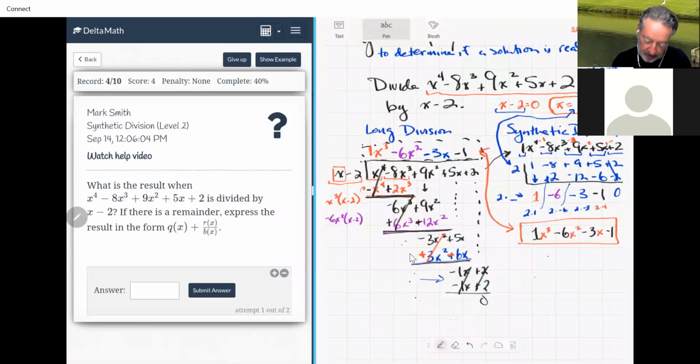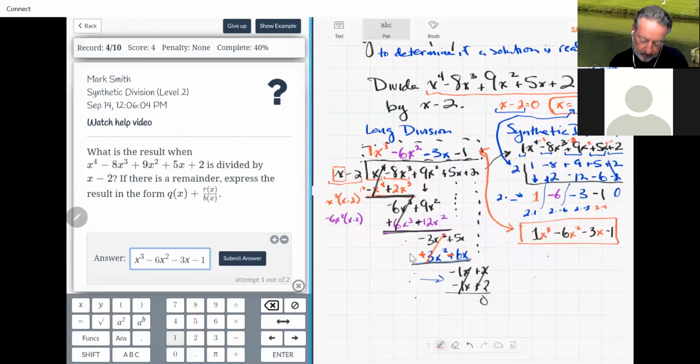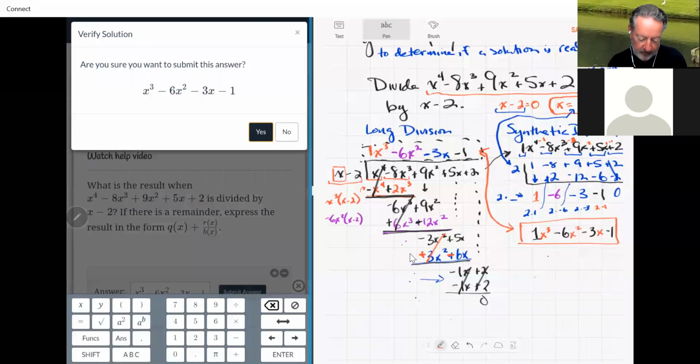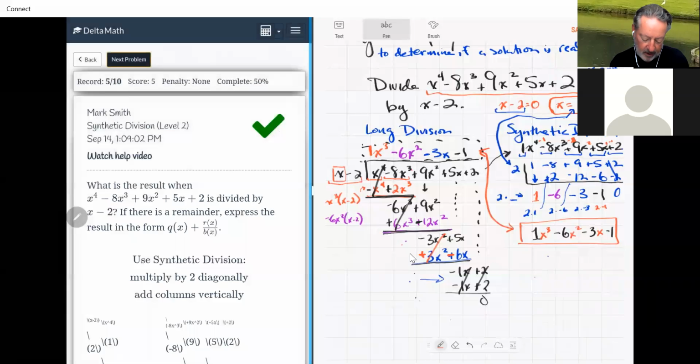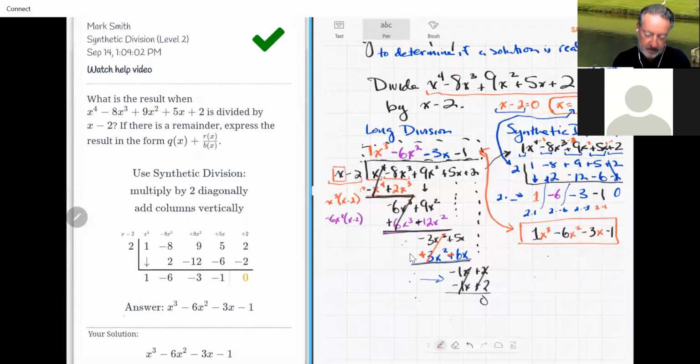So now I'm going to put that answer in up here: x cubed minus 6x squared minus 3x minus 1. That matches, so I'm going to submit the answer. If I put that in, it is correct. And here they show you the same thing that I just did on synthetic division.